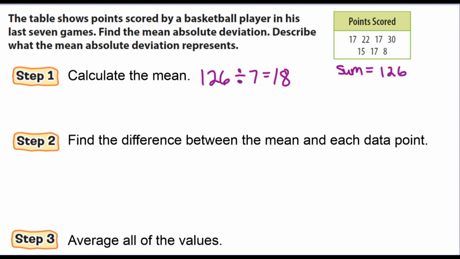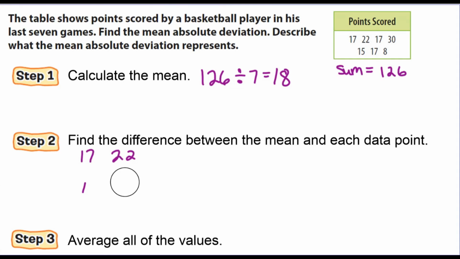Now we want to find the difference between the mean and each data point. So how far away was each game score from the average? I'm just going to go right through these and list them. We had a 17-point game, and that's only 1 point away from the mean. He had a 22-point game, and that is 4 points away from the mean.